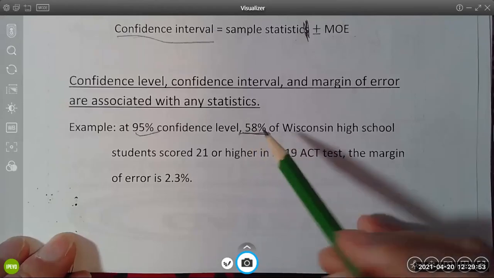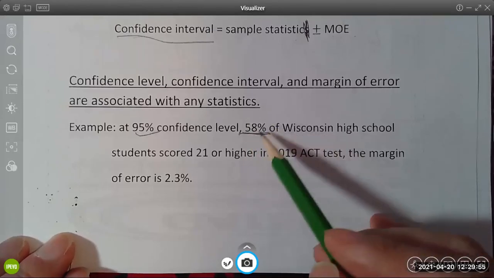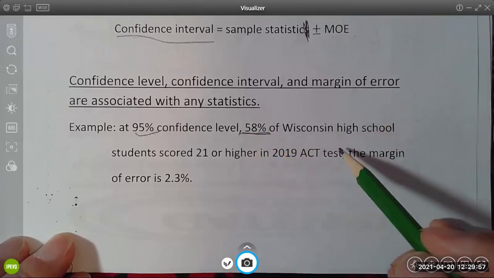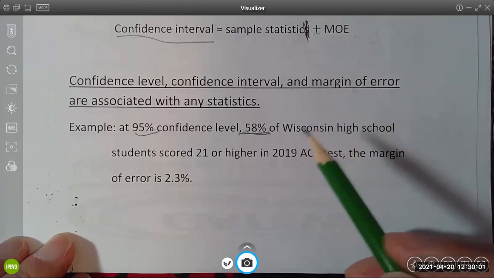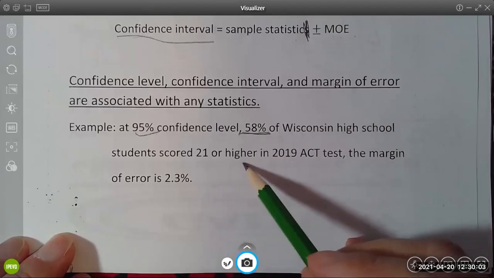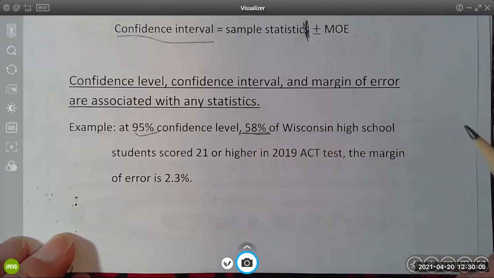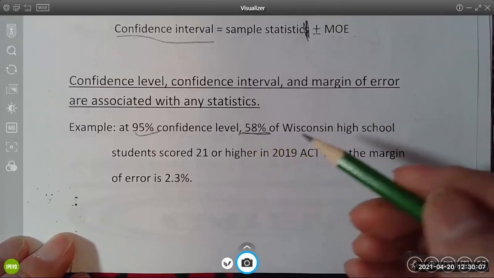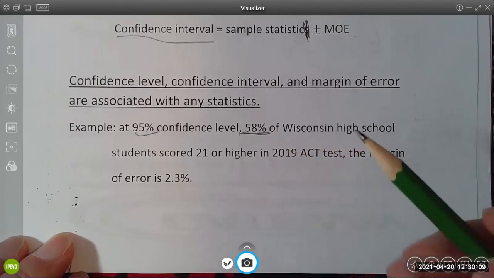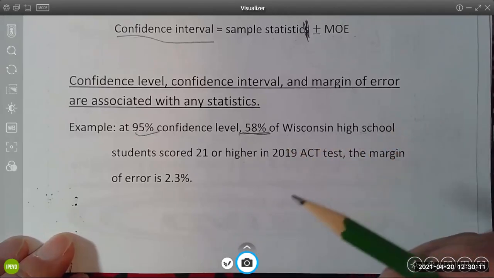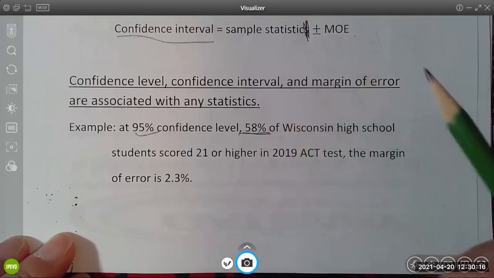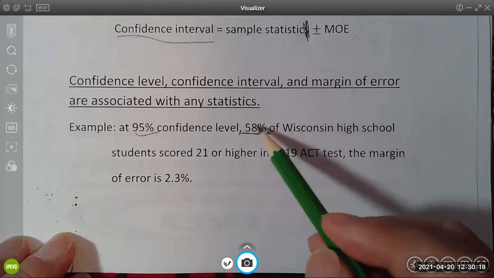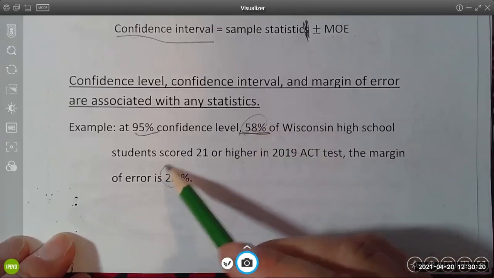We are given this. This is the measurement result after they do the survey: 58% of all Wisconsin high school students in 2019 who got 21 or higher. So this is our statistic. If you have some confusion about how to identify which one is the statistic, here is an easy way: the statistic always has the same format as the margin of error.